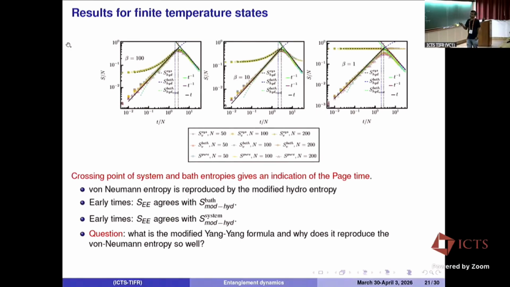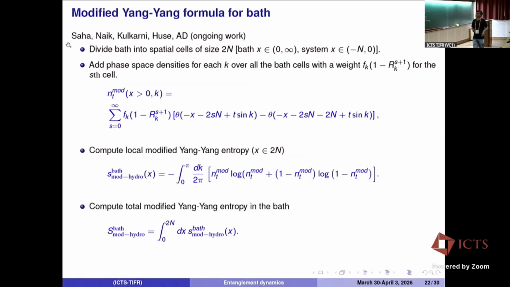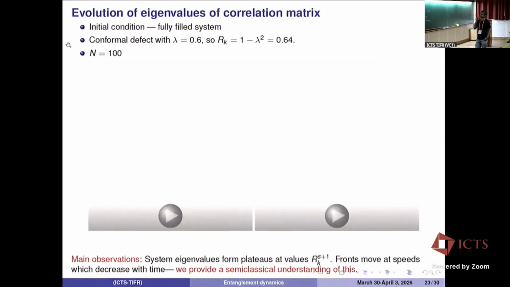Since there's not much time, I'll just quickly go to this modified Yang-Yang formula. The idea is completely using a semi-classical picture. Maybe let me go to the next page.